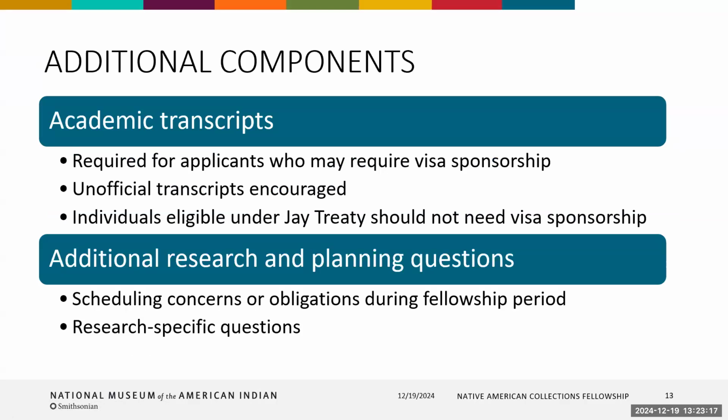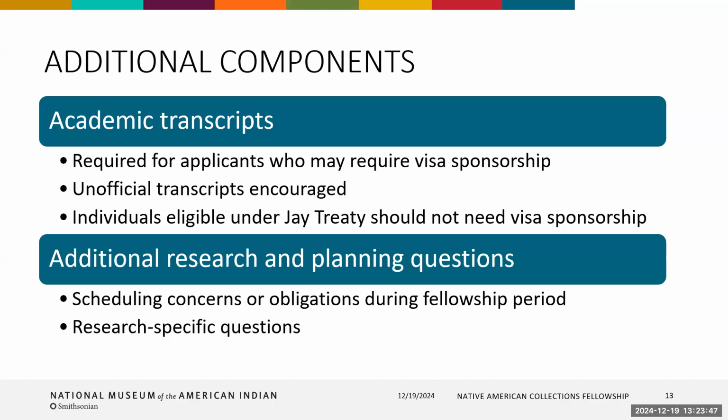So please make sure if you are in need of visa sponsorship to upload academic transcripts. Within that, unofficial transcripts are always encouraged, and we know that those are often easier to obtain, so feel free to include unofficial versions. And then I do always like to note for our applicants who are applying from Canada, those that are eligible under the J Treaty should not need visa sponsorship. So just please note that if you are First Nations Canadian.